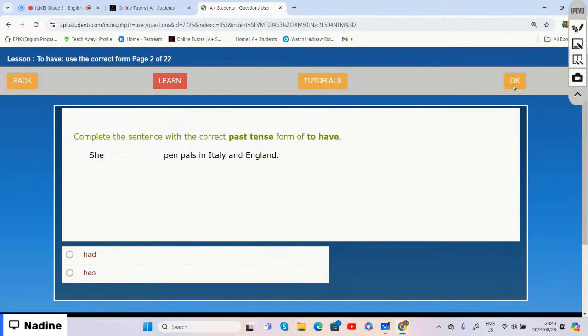The next one says, do we say she had or she has pen pals in Italy and England?